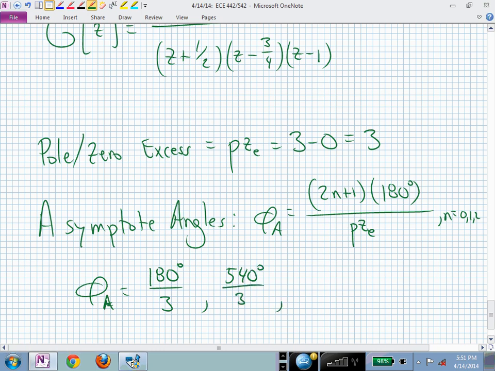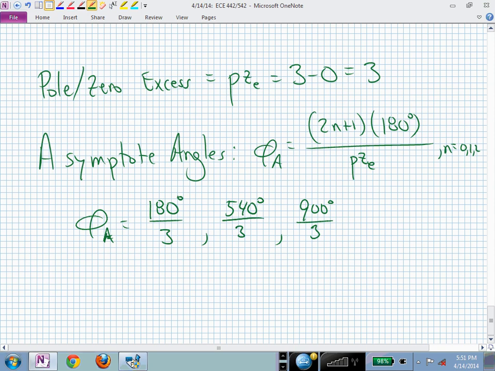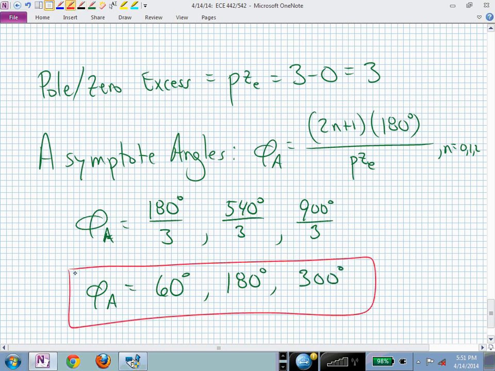And then we have 5 times 180, which is actually 900, and we divide that by 3, so that our angles of our asymptotes are 60, 180, and 300 degrees.